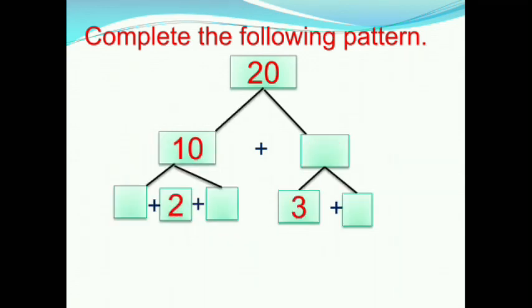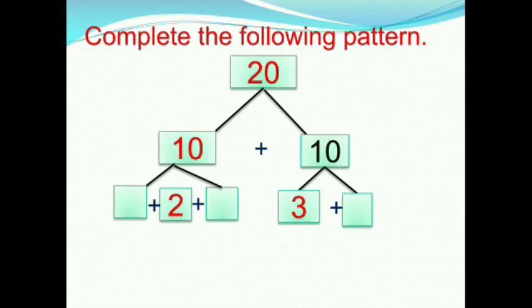Now we will solve the second one. First we have 20. One number is given, which is 10. By adding which number to 10 do we get 20? Yes, 10. So we should write 10.